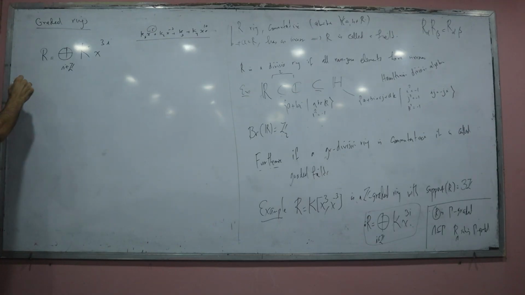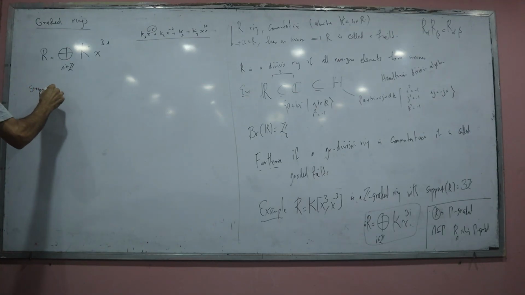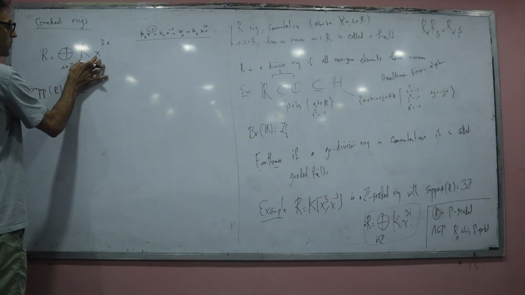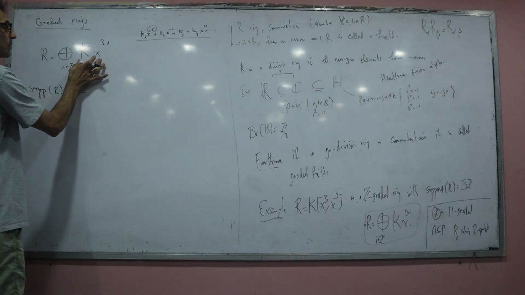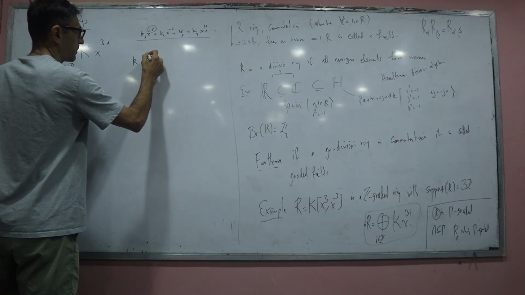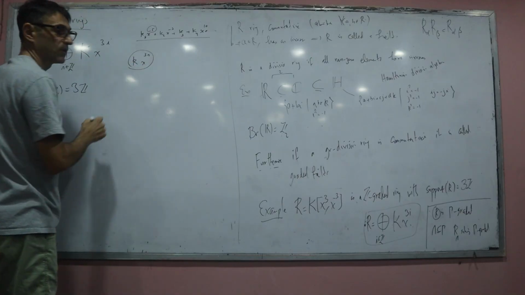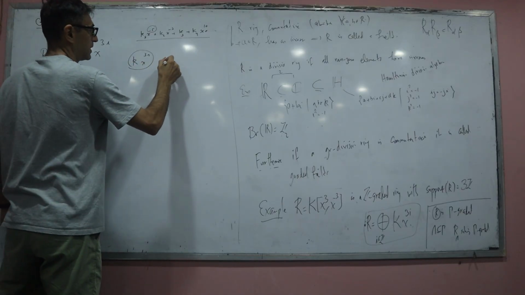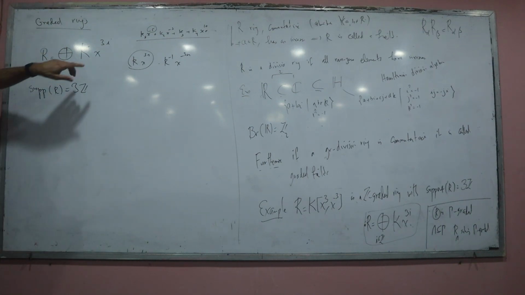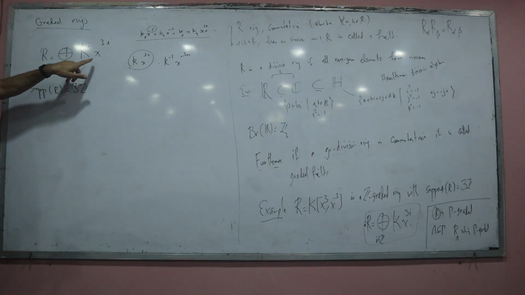Okay, so the support is 3Z. So now, first of all, each component I look at is a non-zero component. So you have a k x^3 to some power. All of these are invertible because I can multiply immediately with this one. Okay, so each homogeneous element is invertible.